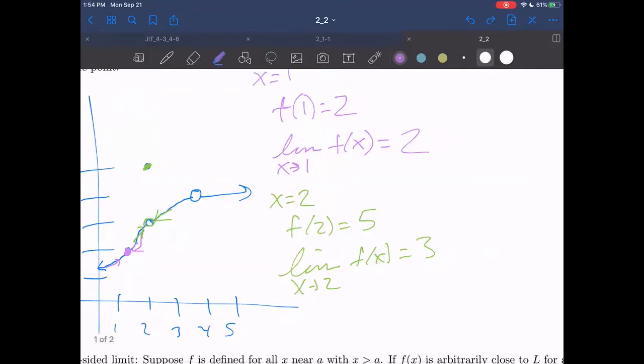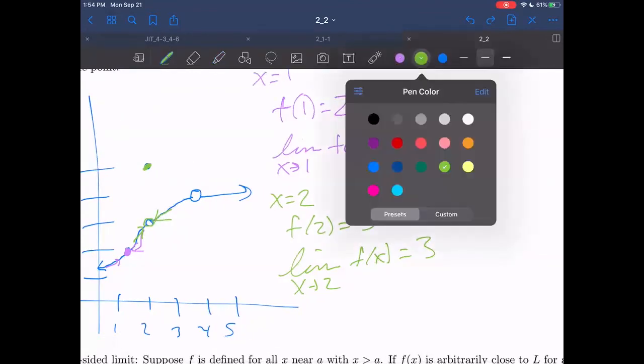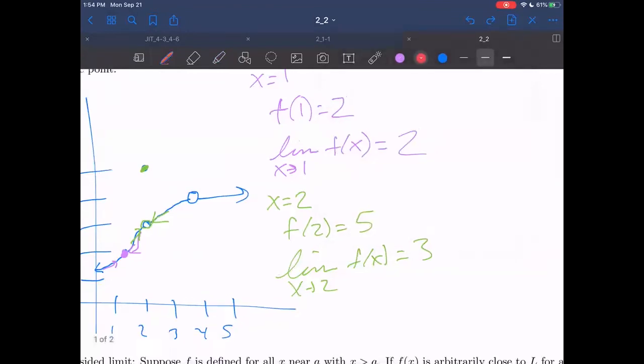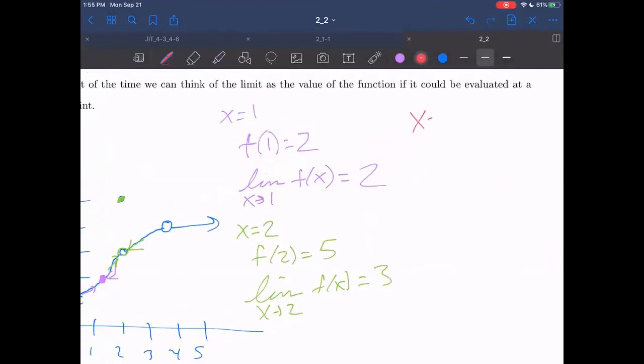Okay. And so in this case, we had the value filled in at another point. But the last case we'll look at is, let's say we've got a function, let's look at x equal to 3.